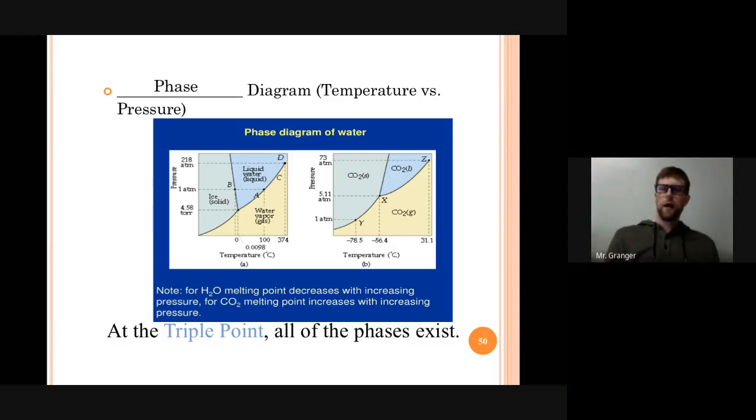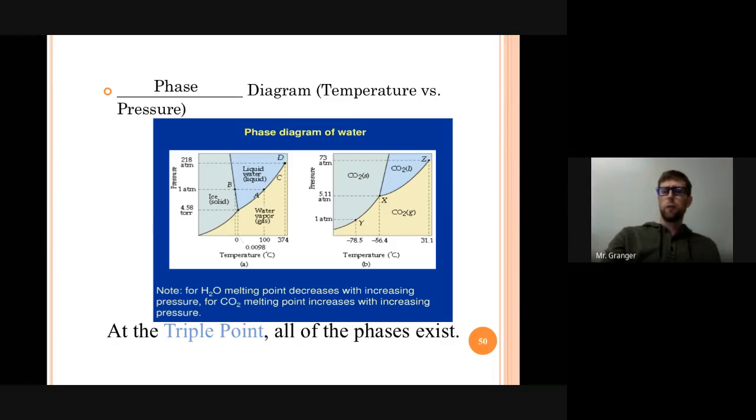For our graph on the left, we're working with water, and we can see that normal atmospheric pressure is 1 atm, and there's a dotted line that goes across from 1 atm. It proceeds to the right on the x-axis, and you go through the solid state or ice in the green quadrant.